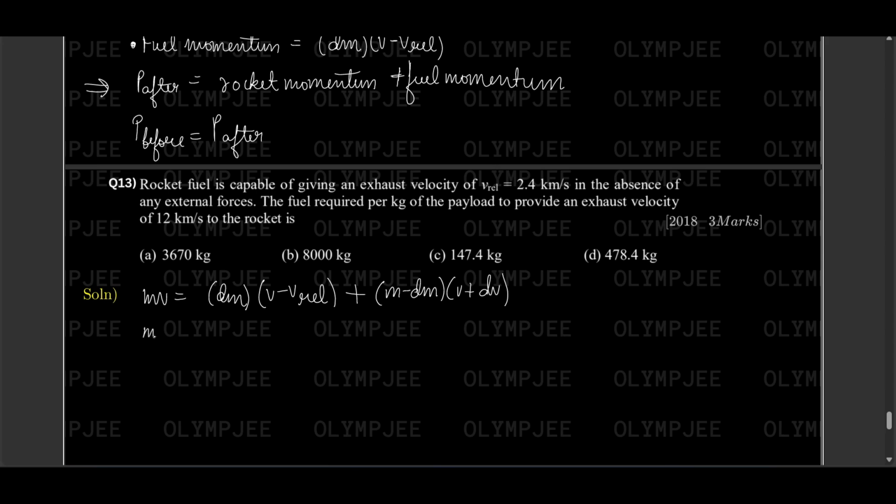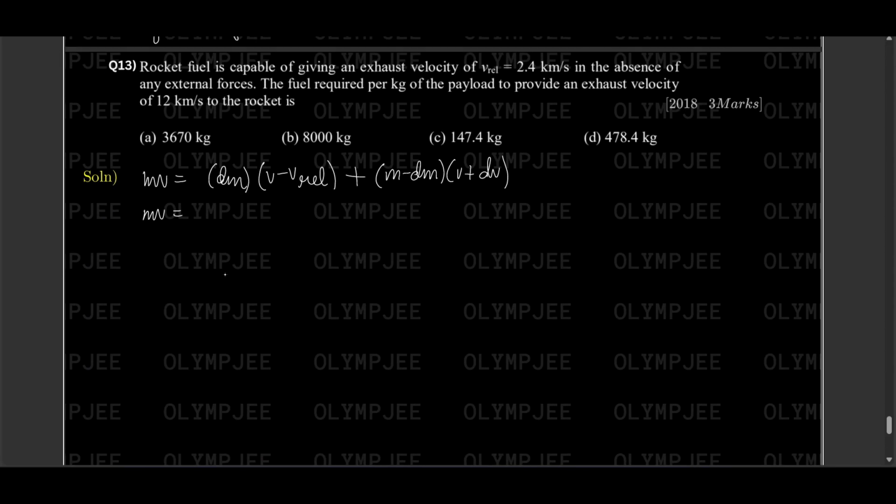So opening the brackets, we will get dm multiplied by v minus dm multiplied by vrel plus mv plus m dv minus dm multiplied by v minus dm multiplied by dv. Now minus dm v and plus dm v will get cancelled, and also dm and dv both are incremental terms, so dm and dv multiplied will become very small with respect to the other components.